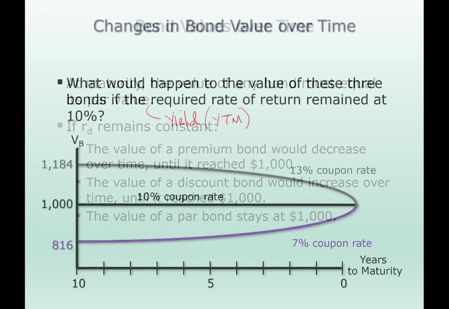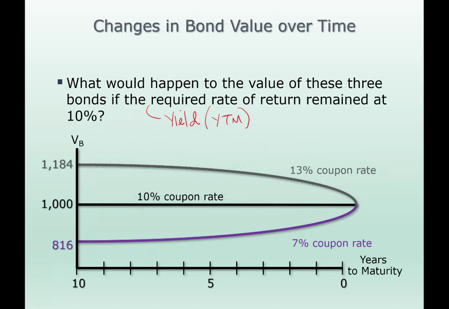This is basically what this graph is trying to demonstrate, showing you if the market rate is 13%, 7%, or 10%. So we're talking about a bond that was sold at more than the face value, or a bond that was sold at a discount, less than the face value, or a bond that was sold at par.